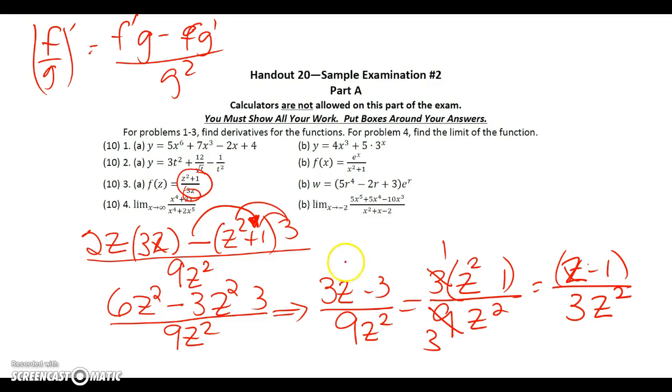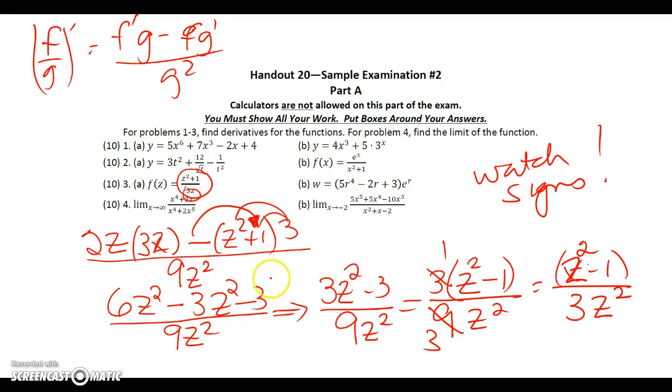All right, that's a minus 3. Sorry about that. Minus 1. This is still a z squared. So I'll have z squared minus 1 on top and 3z squared on the bottom. So, lesson there, watch signs, right?